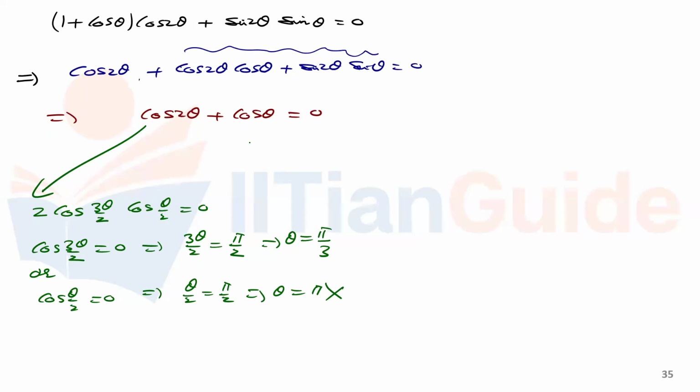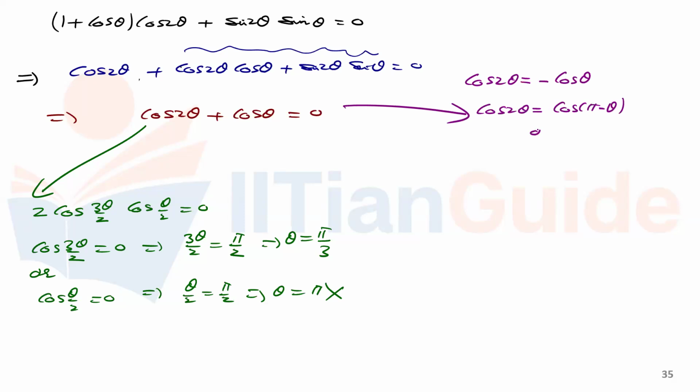Okay, we have one more method. Just a minute. I can write cos of 2 theta is equal to minus cos theta. Okay, and we can write cos of 2 theta is equal to cos (180 minus theta), or cos (pi minus theta).